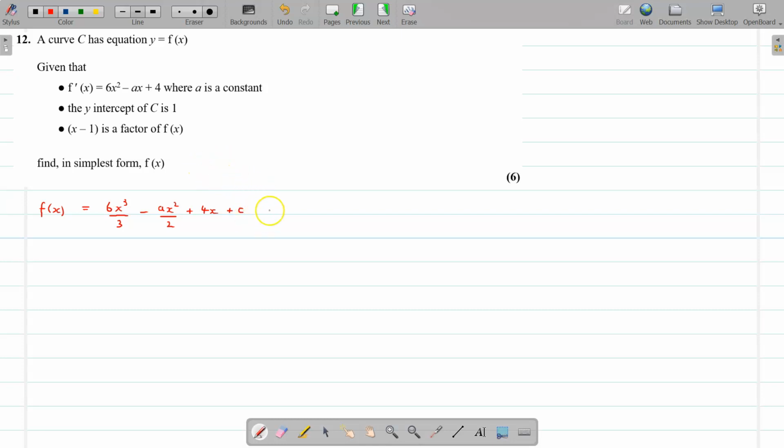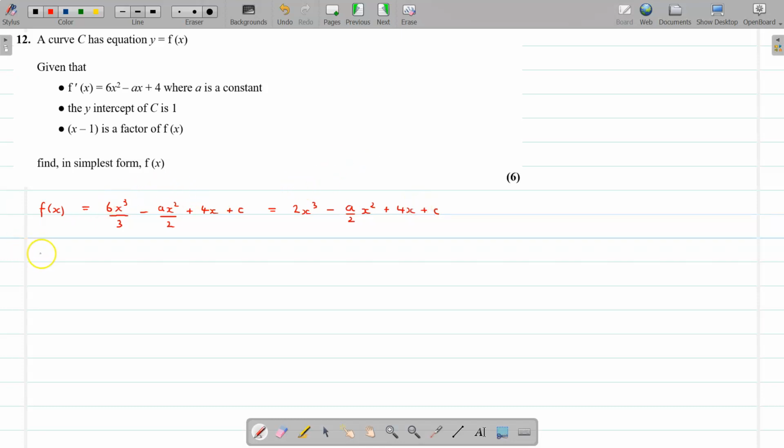Okay, and that of course can be simplified to 2x cubed minus a over 2 times x squared plus 4x plus c. Okay, so that's my starting point.